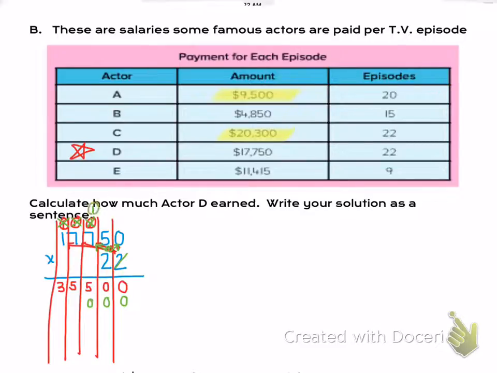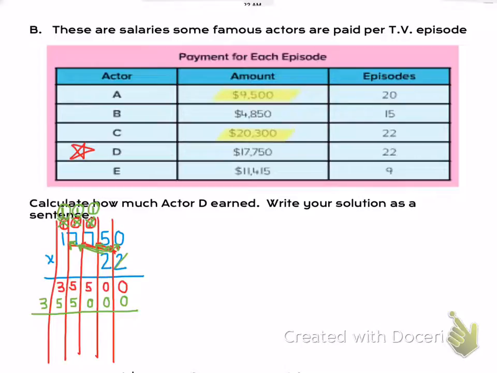Plus 1 is 15. Carry the 1 to the next number. 2 times 7 is 14. Plus 1 is 15. Carry the 1 to the next number. 2 times 1 is 2. Plus 1 is 3. You should notice that the numbers are exactly the same, just shifted over 1, which makes sense because you multiplied by the same number.